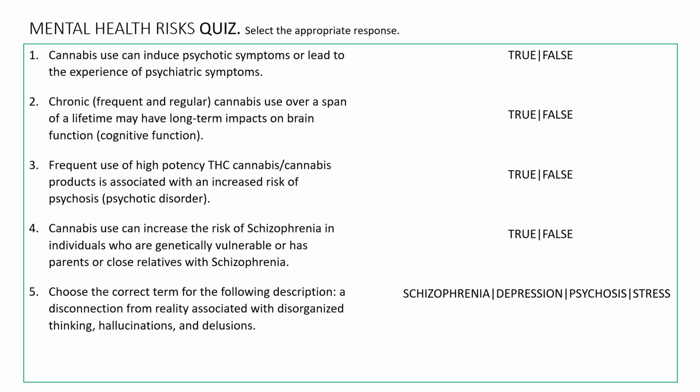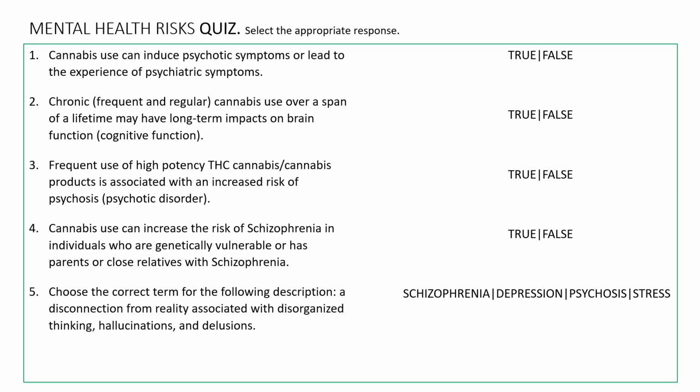Now we will do a quiz together. So I'll give you a few moments to look over questions 1 through 5, and then we'll go over them together. Number 1, cannabis use can induce psychotic symptoms or lead to the experience of psychiatric symptoms.